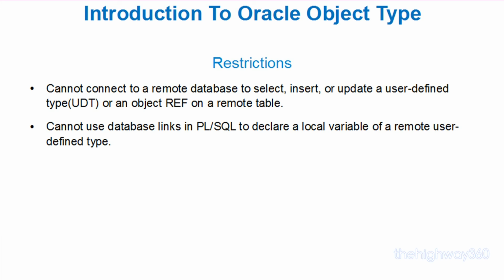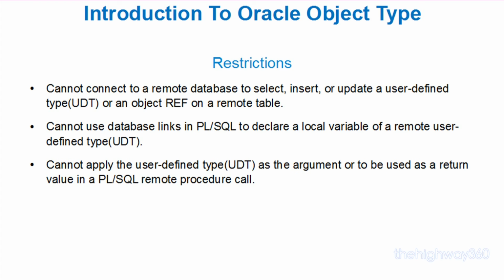And within your PL/SQL code, you cannot declare a local variable pointing to a remote user-defined type, which means the remote object type, using a DB link.